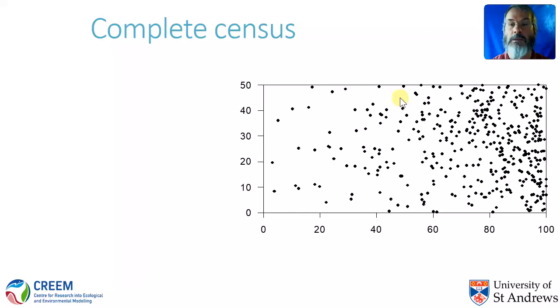And these black dots represent animals in that population. You'll notice that the animals in this particular population are not evenly or uniformly distributed throughout the study area. They tend to be aggregated on this eastern side and occur at fairly low densities on this western side.